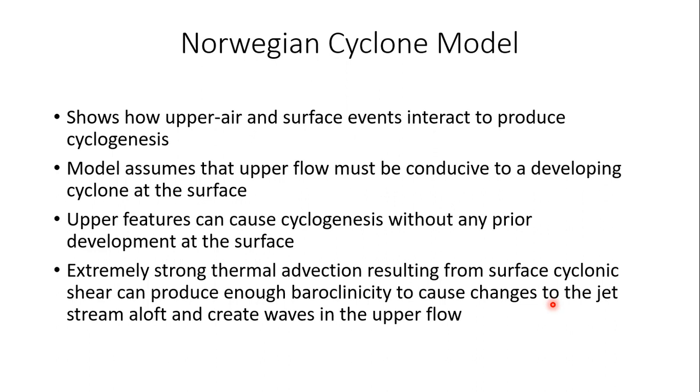Out ahead of that trough axis is a very favorable area to kick off surface cyclone development as upper level divergence moves over a weak low level frontal zone with a weak thermal contrast across the frontal boundary. That's a prime example of how those upper level wave features kick off cyclogenesis at the surface.